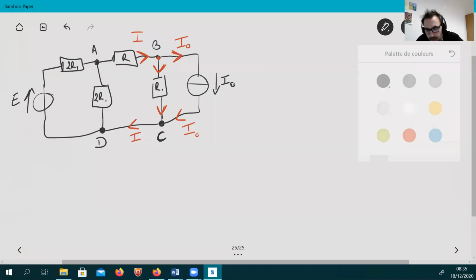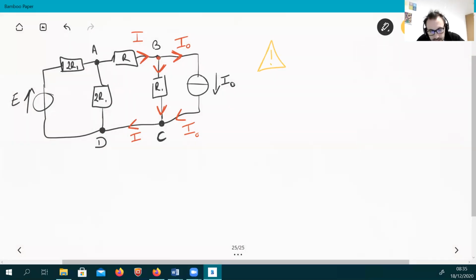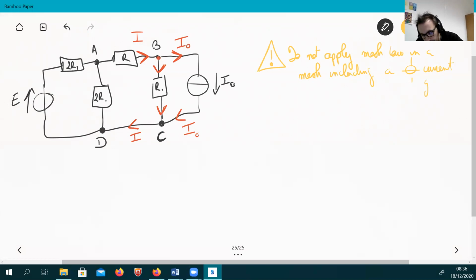Remember, one really important piece of advice: do not apply a mesh law in a mesh including a current generator, because you don't know the voltage between the terminals of your current generator.